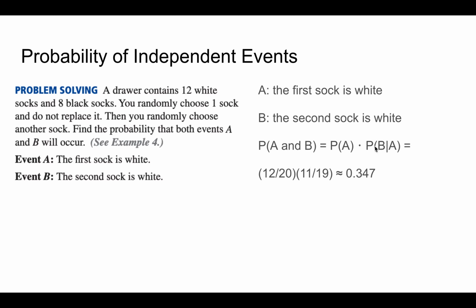So that's what we mean by probability of B given A. We're assuming that in the first one we picked a white one. Now here's the probability of choosing a white one for the second pick. We multiply these together, and it's about 0.347, so about 34.7% is the probability that we'll pick a white sock the first time and then also pick a white sock the second time.